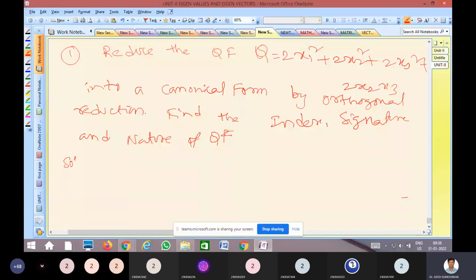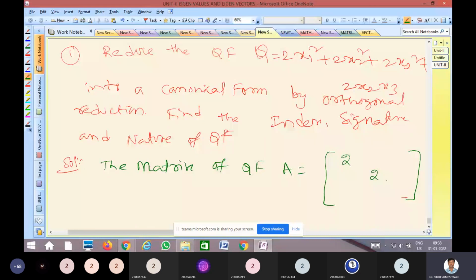First we will write the matrix of the quadratic form. A equals a 3 by 3 matrix, because you have 3 variables h1, h2, h3. The coefficients of h1 square, h2 square, h3 square are 2 respectively, so these are the diagonal elements.